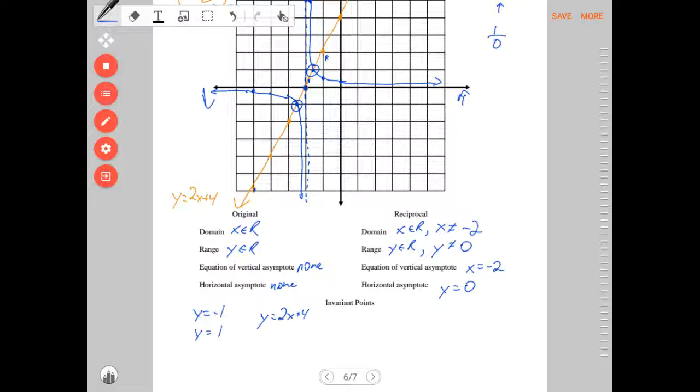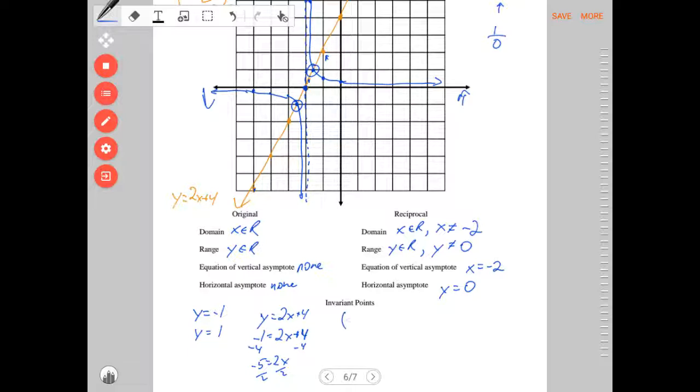Awesome. So the thing is, if the y value is -1, so -1 equals 2x plus 4. Oh, interesting. So we do some algebra here. Minus 4, minus 4. So negative 5 equals 2x. Divided by 2, divided by 2. So that's negative 5 halves, or negative 2.5.